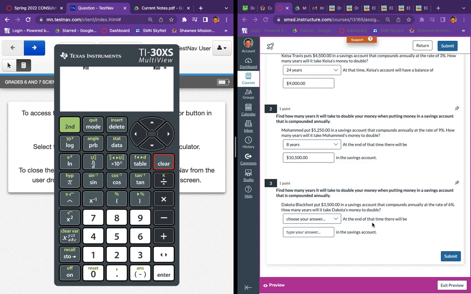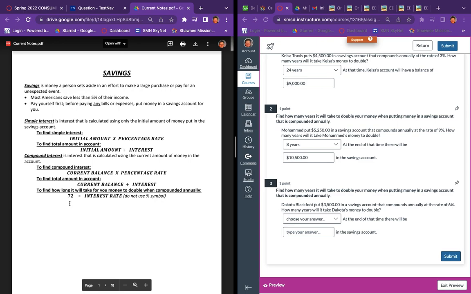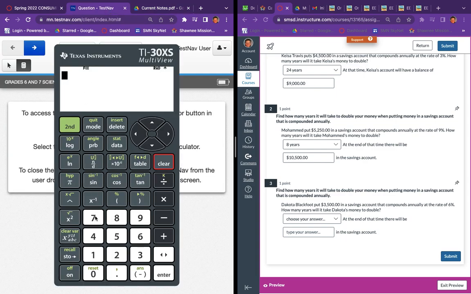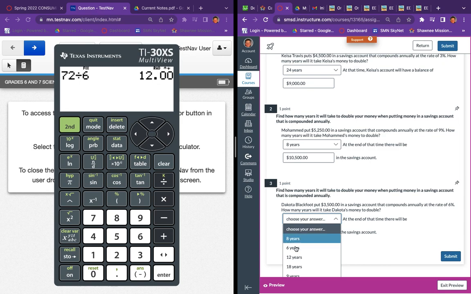At the end of that time, there will be blank dollars in the savings account. So in the notes, it tells us 72 divided by the interest rate, do not use the percent symbol. So 72 divided by Dakota's interest rate of 6, and we get the number 12. So it will take 12 years for Dakota's money to double.